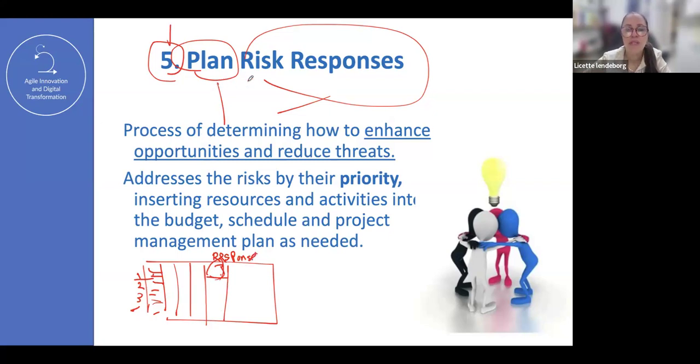When you see planning risk responses, it is the process of determining how to enhance the positive risks in traditional and how to reduce the negative risks. The positive risks are opportunities. Remember that name for the exam.